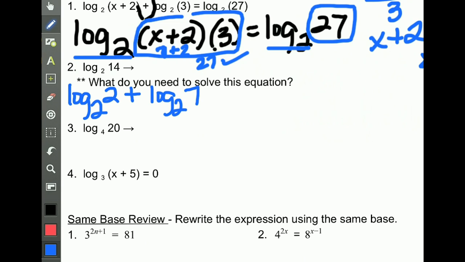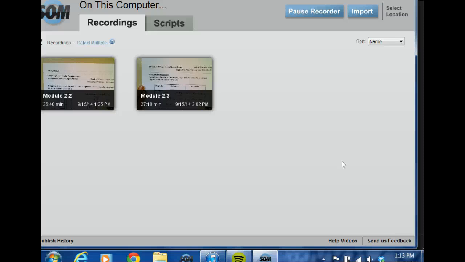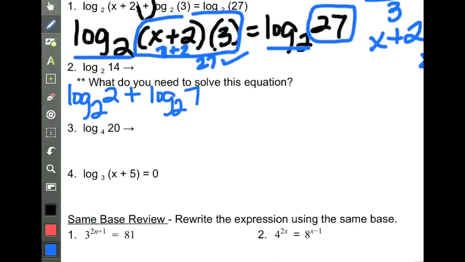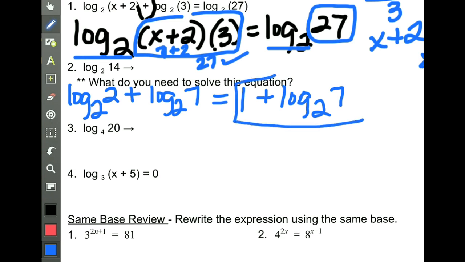So the only thing I would need, what's log 2 of 2? Anytime the base and the answer are the same, we know that that equals 1. So really all we would need to find is a value for log 7, which you're going to learn how to do fairly soon. For now, you're just going to leave it like that.